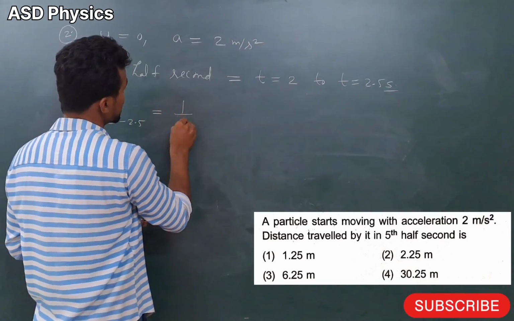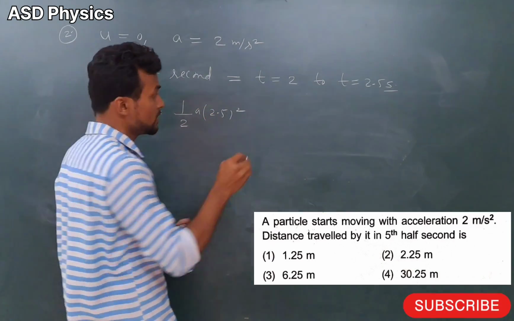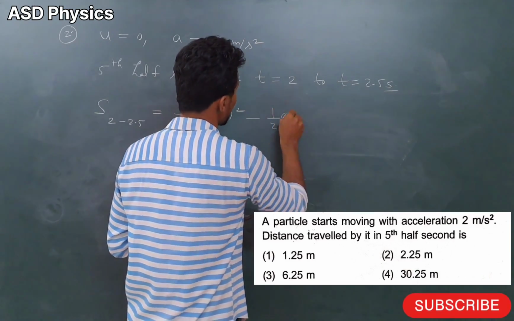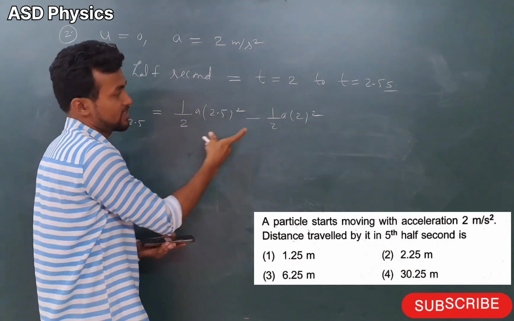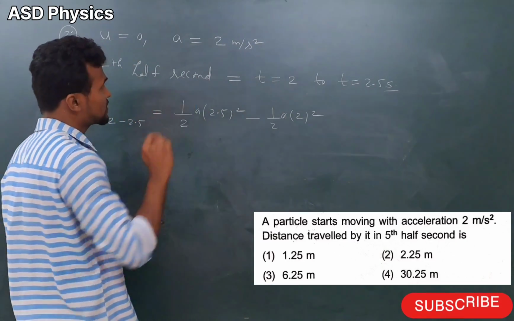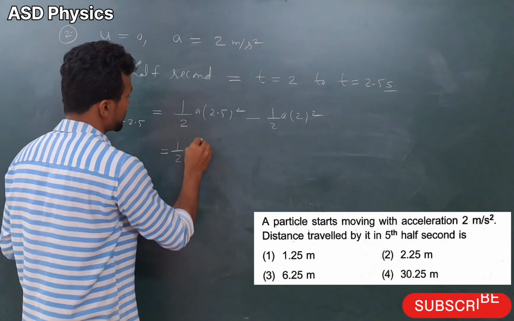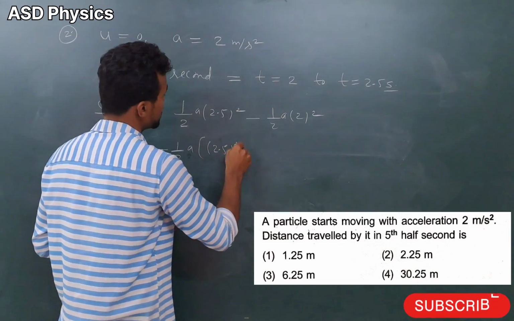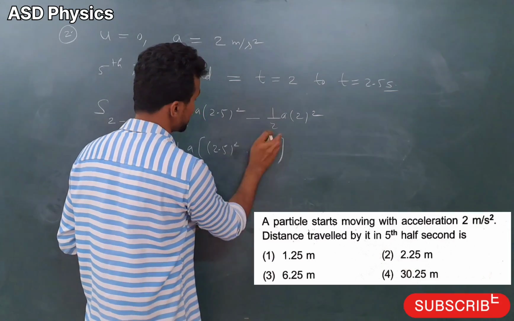So again write here half a times 2.5 whole square minus half a times 2 square. This is the distance in 2.5 seconds, and this is the distance in 2 seconds. So my dear students, after that you just have to do the calculation here: half a, 2.5 square, minus 2 square.